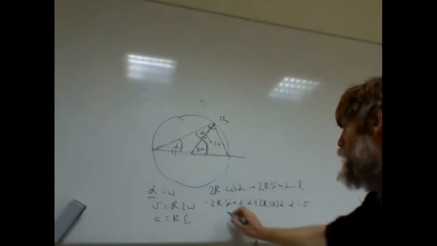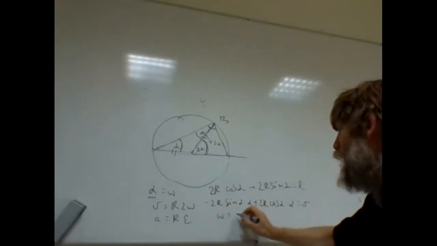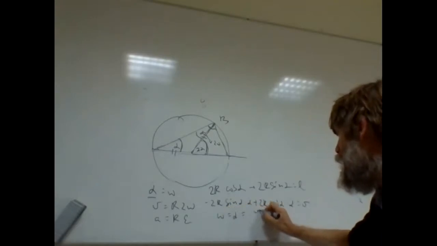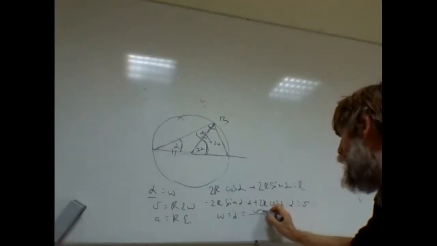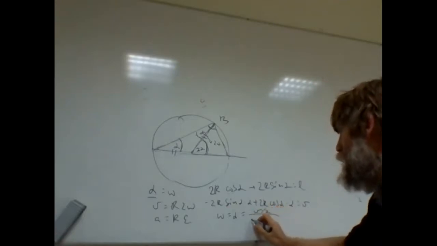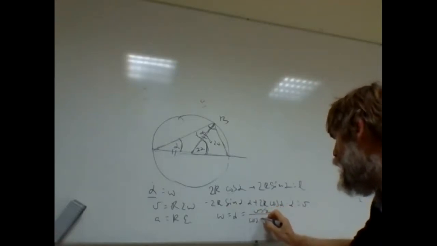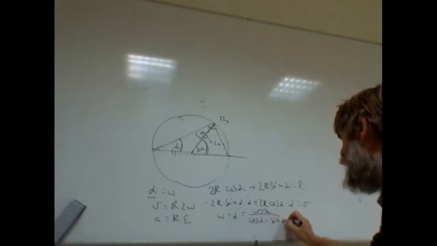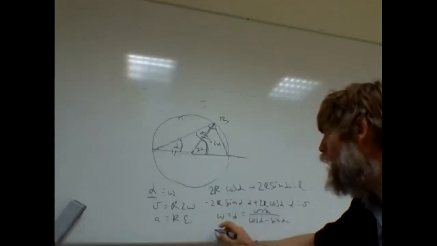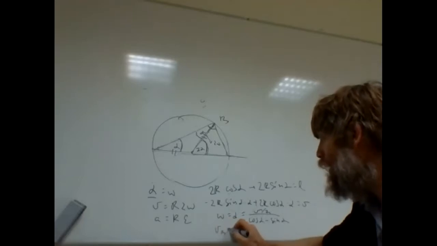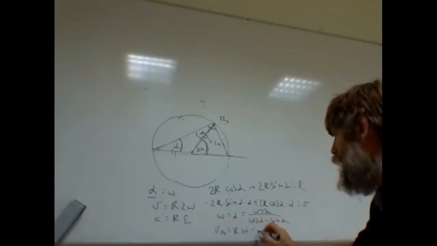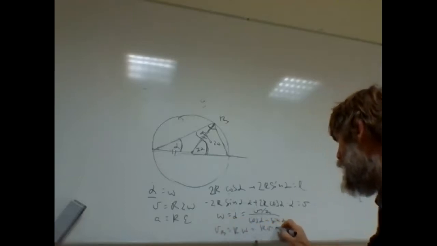And now from here we can express omega, which is alpha dot, as v divided by 2 and divided by cosine alpha minus sine alpha. And then the speed of point B is radius multiplied by omega, which equals radius r times v divided by 2 and divided by cosine alpha minus sine alpha.